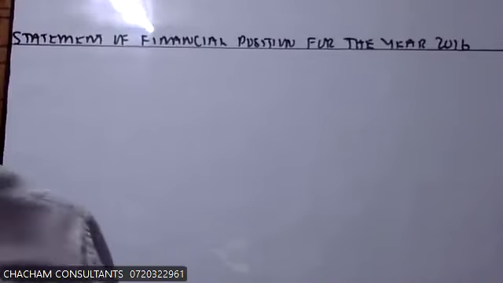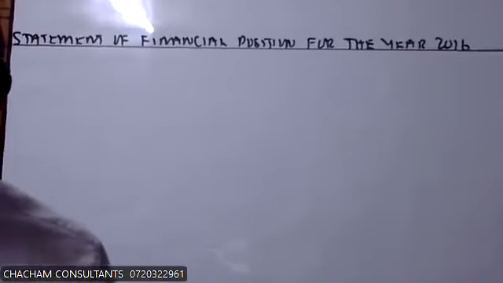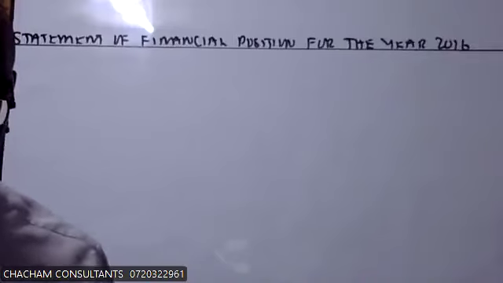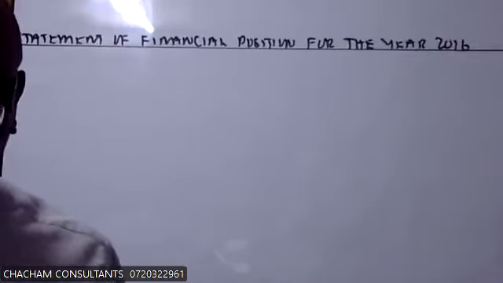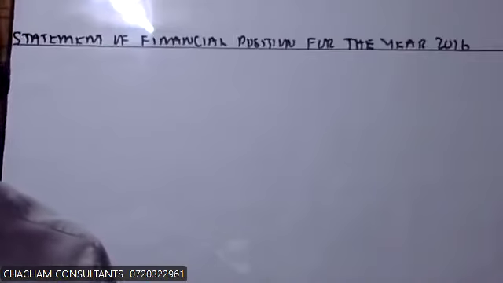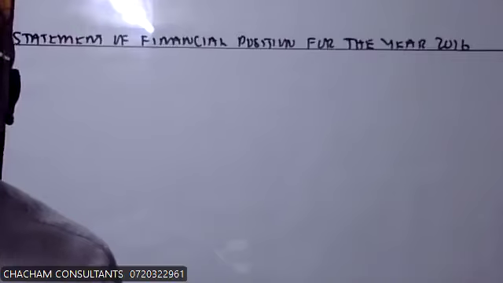So what does the question say about it? Information 6, assets are expected to vary directly with sales. So if they are varying directly with sales, we are going to see the percentage increase.